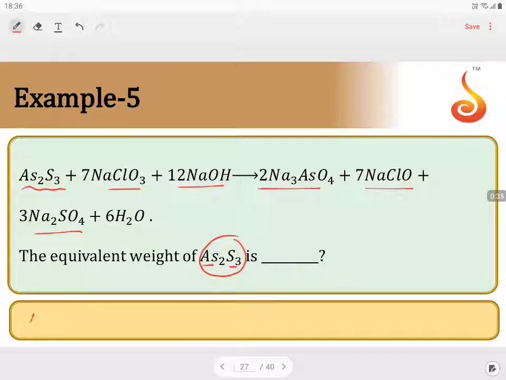So if I just take them into consideration, As2S3 is going to convert into Na3AsO4, and the other one which can be taken is Na2SO4. So let us proceed by taking these two into consideration.